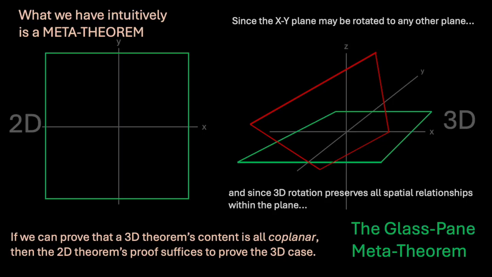And we call this the glass-pane meta-theorem, and the visualization of the theorem just comes out of the fact that we can imagine a 2D proof being etched or sketched on a pane of glass, and then in 3D that pane is picked up and rotated, and so all of the assertions must still hold.